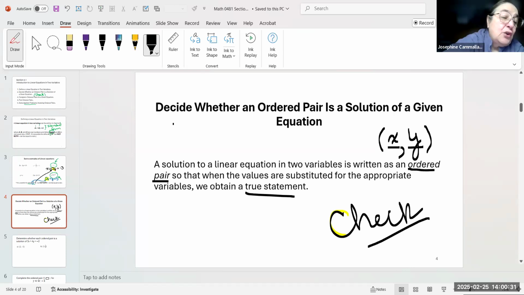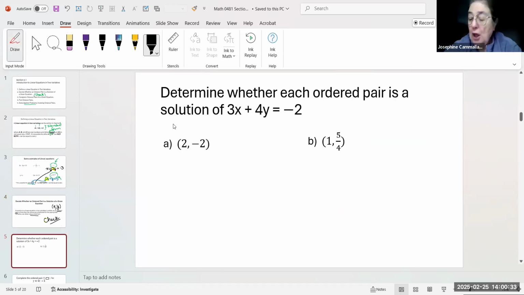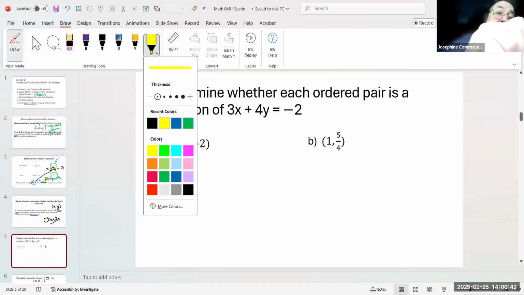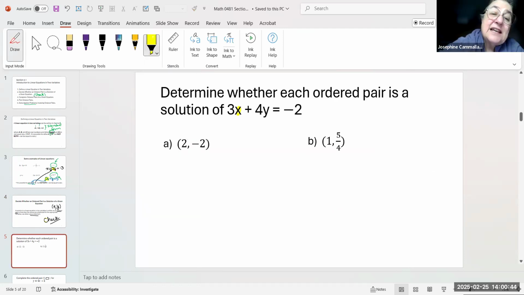Now, let's look at a couple of examples. Okay, this is saying determine whether each ordered pair is a solution. Okay, that means this x is the first letter in my ordered pair in the part of A. And the y is the second number.